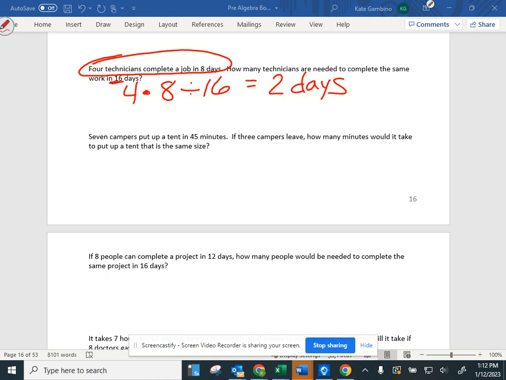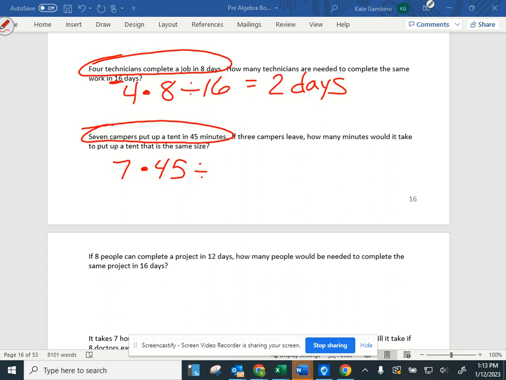We're doing the same math. So we know our first proportion is 7 campers and 45 minutes. What number are we going to divide by?